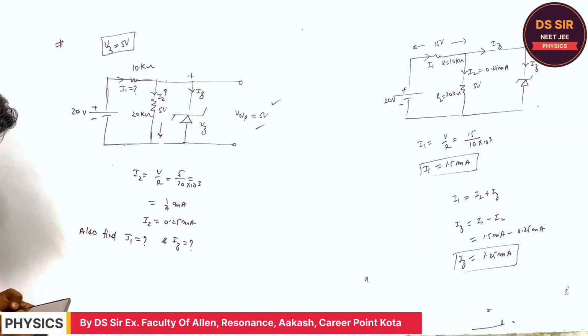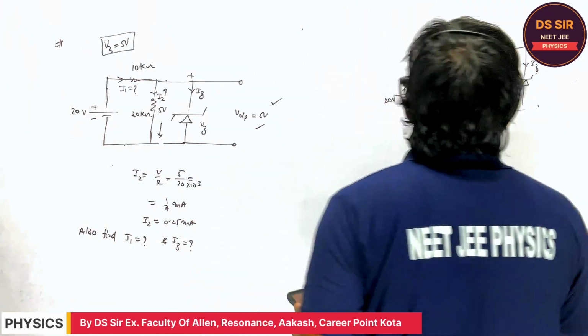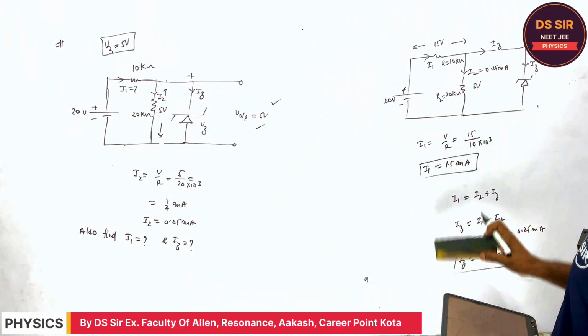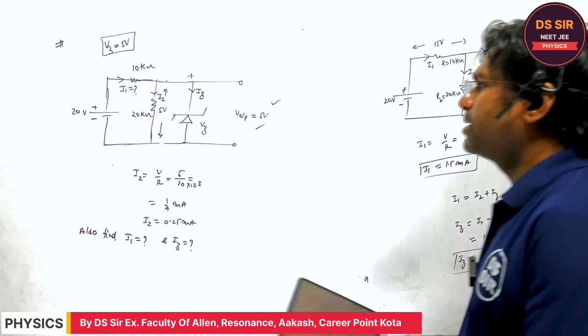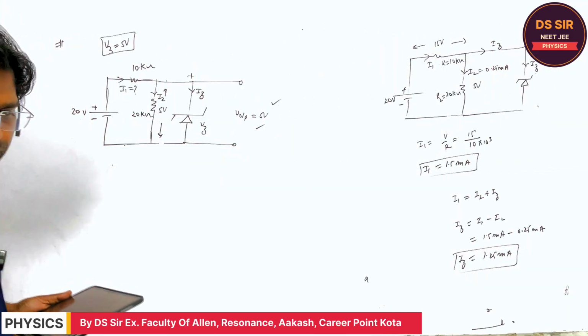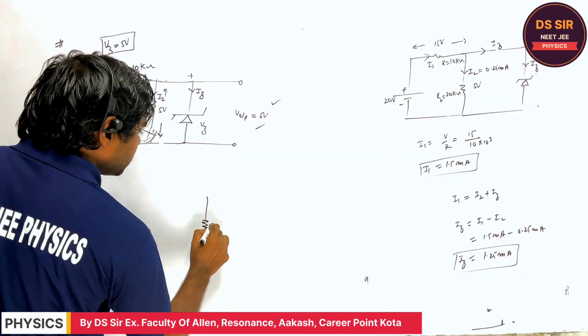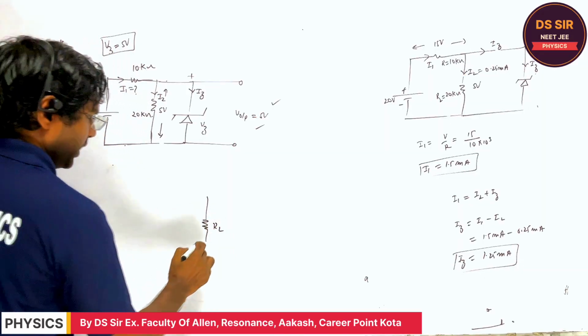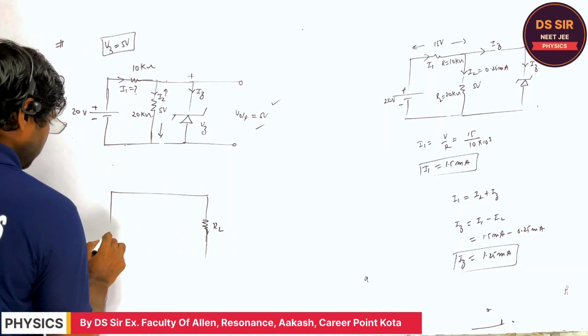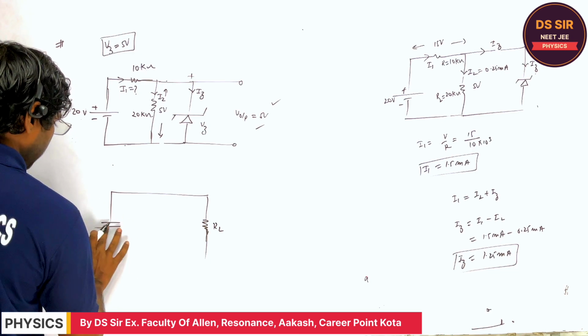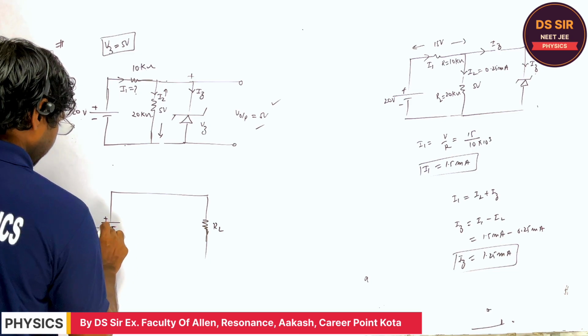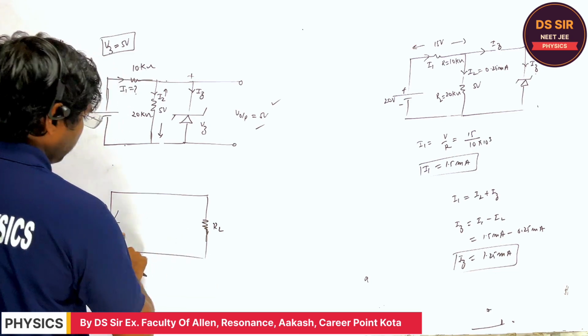Copy this first. So in this example, listen one thing. This resistance is assumed to be the load resistance, right? In some books, the figure is given like this. Suppose this is the load resistance, and from somewhere this is the power supply, and this power supply is fluctuating.